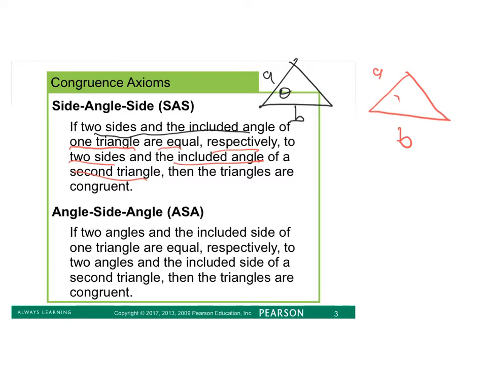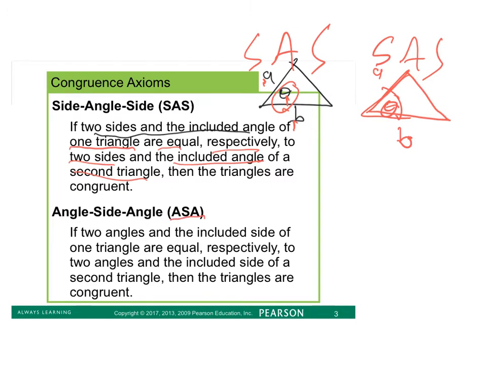So look at it in geometry. That was side, angle, side, second triangle. That side was equal to that side. That angle is equal to that angle. That side is angle. Side, angle, side. That means these two triangles are congruent. Another good one for congruence was angle, side, angle.